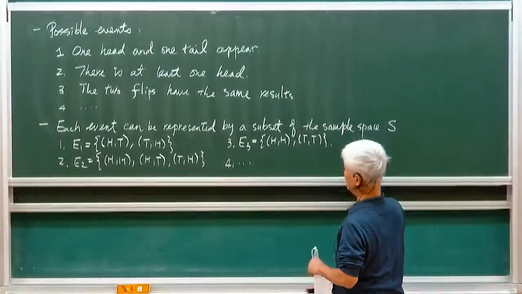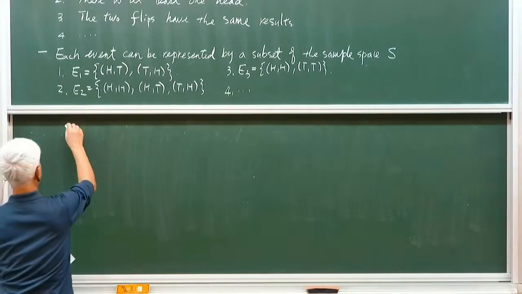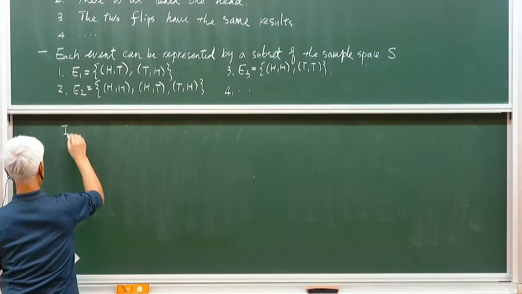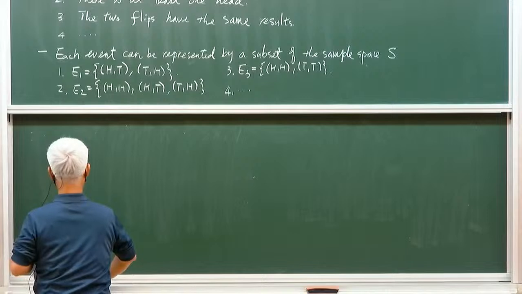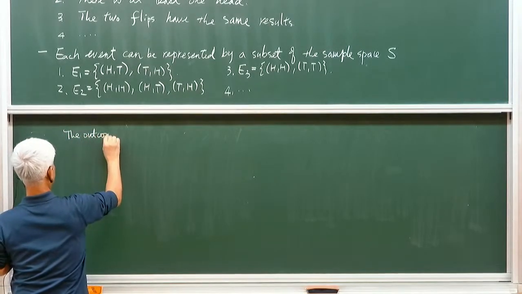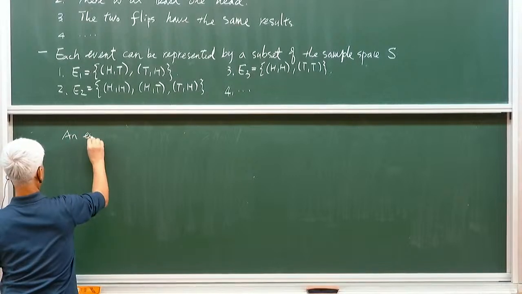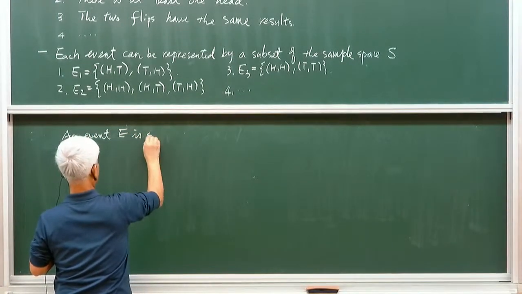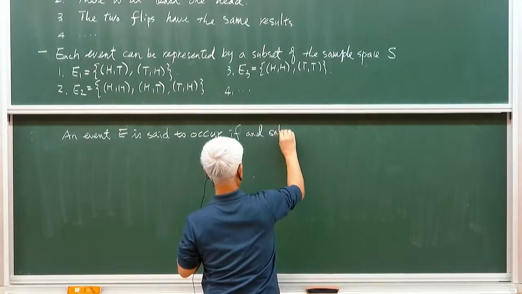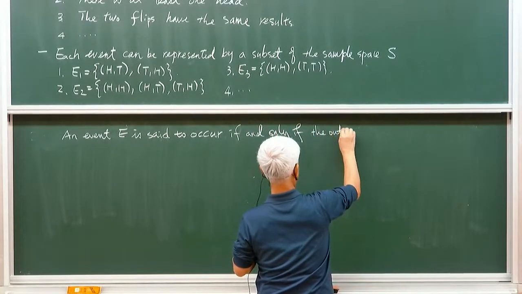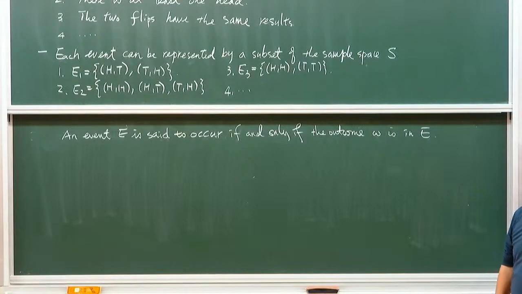Okay, so we say that the outcome... an event E is said to occur if and only if the outcome omega is in E. Okay.